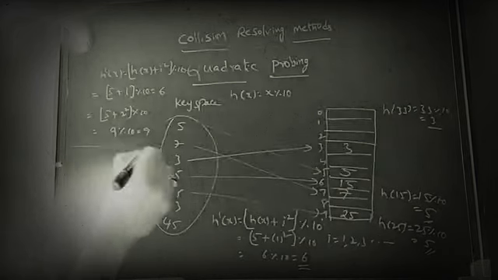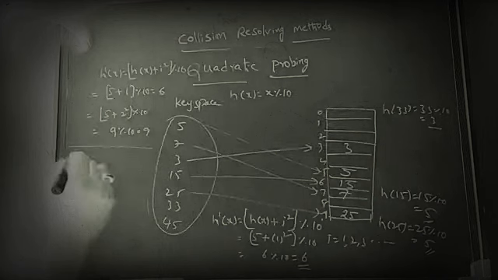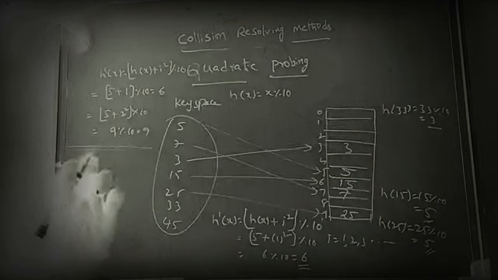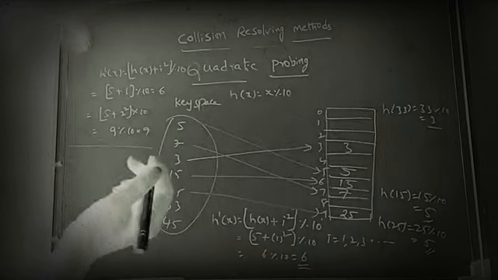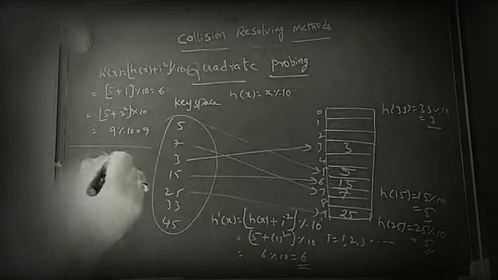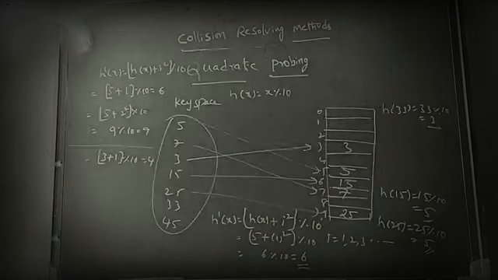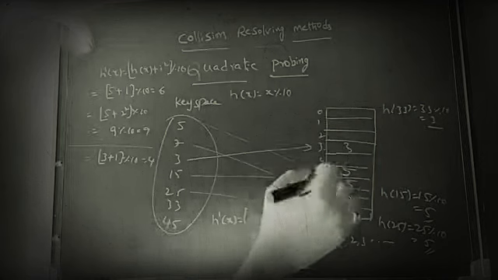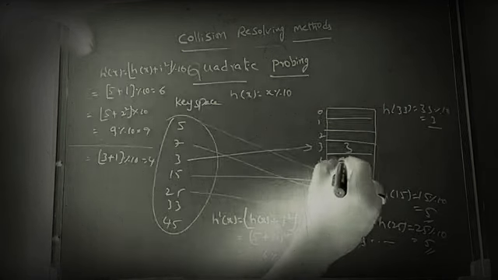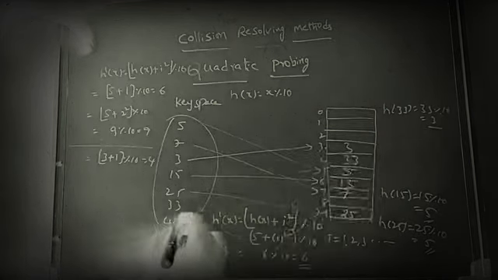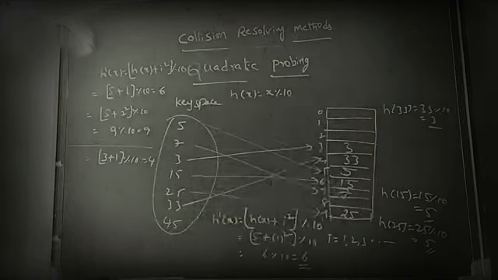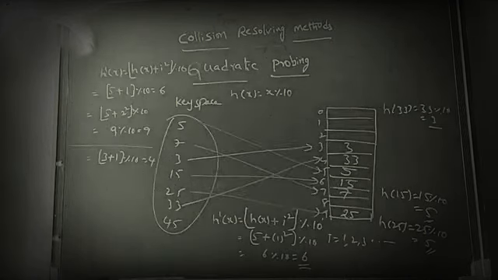So move to the second formula. h'(x) is 3 plus i value, initially 1, i square is 1, mod 10 equal to 4. Check whether index 4 is empty or not. Index 4 is empty, simply place the value 33 at that index. Okay. Next, another number is 45.